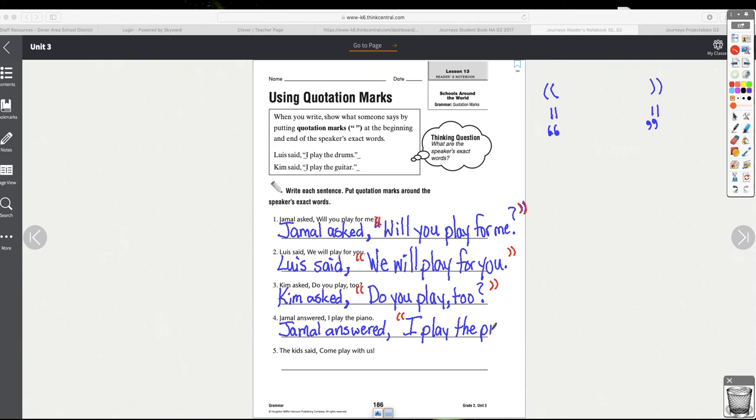And then the quotation mark that closes the sentence goes after that period. Whoops, I forgot to put the O on piano. Goes after that period at the end of the sentence. Okay?